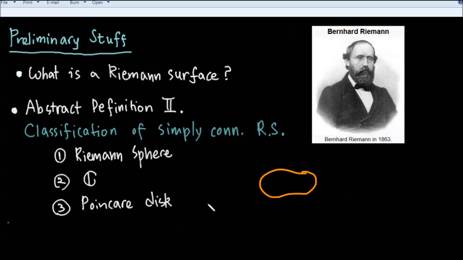This classification theorem says that any simply connected Riemann surface is biholomorphic either to the Riemann sphere, or to the complex plane, or to the Poincare disk. So these three things are pretty much it, up to complex analytic isomorphisms.